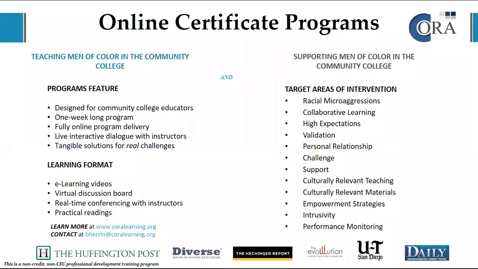There are faculty members in communication studies who do work that focuses on validating practices and high expectations. So what we're saying is that while we provide this, there are also resident experts on your campus that can be leveraged to provide the kind of training and development that's necessary for advancing success for our men of color.